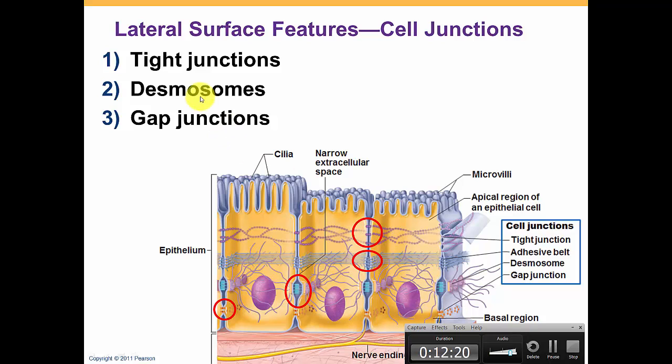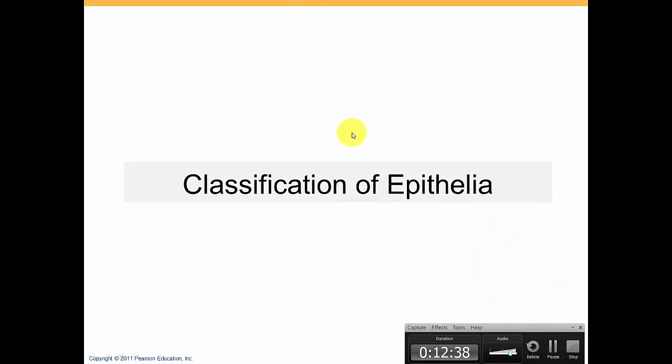So again, tight junctions and desmosomes are for connecting the cells. Gap junctions are for having the cells communicate with each other, so the ions can travel between them. And this is as far as I want you to know.